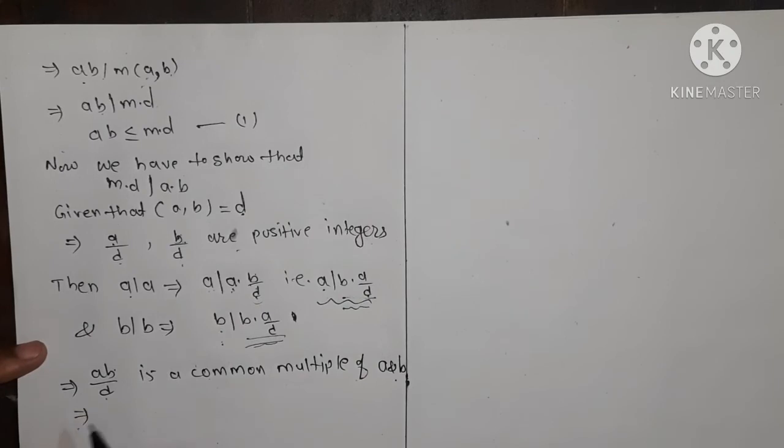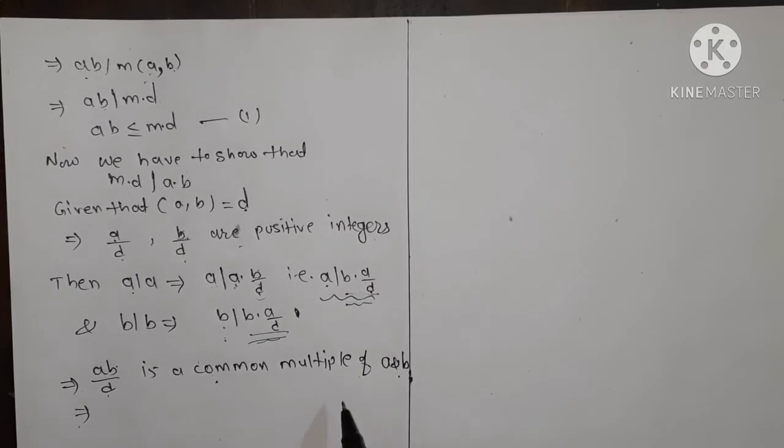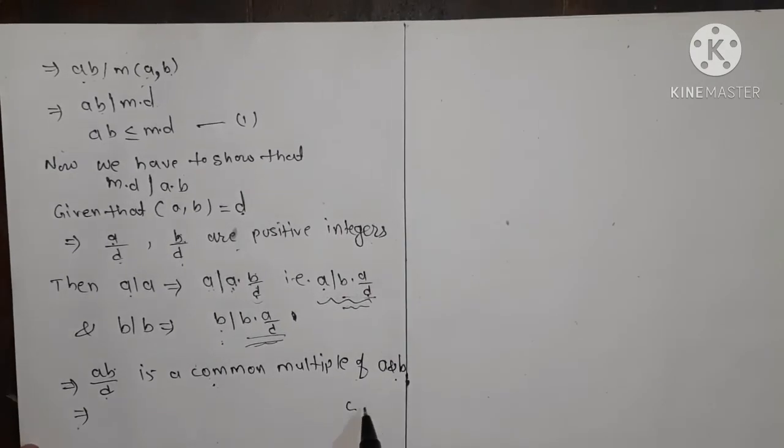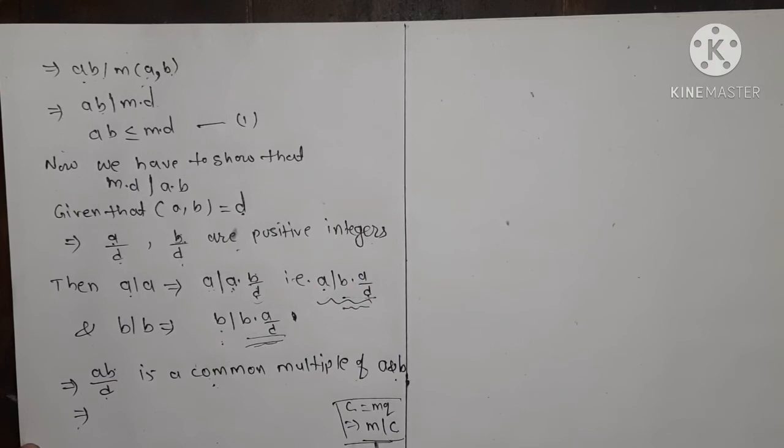And as by the previous theorem, a common multiple is a multiple of the LCM. That is, if C is a common multiple, then C equals M into K, and this implies that M divides C, as we saw in the previous theorem.